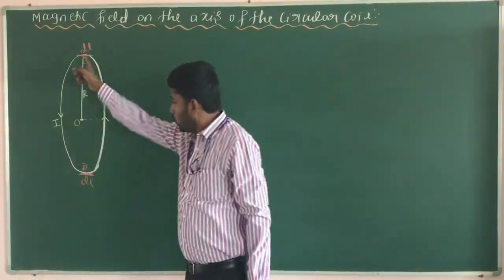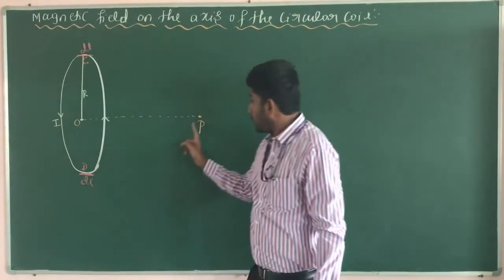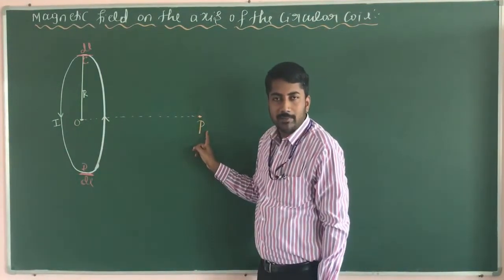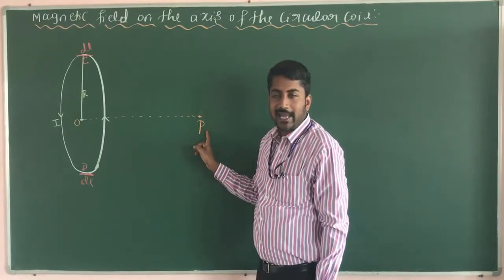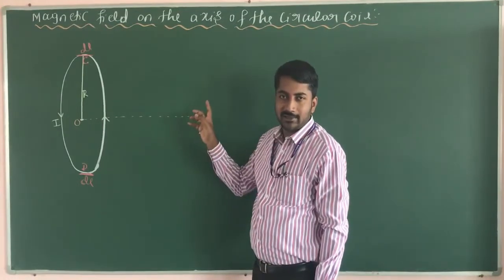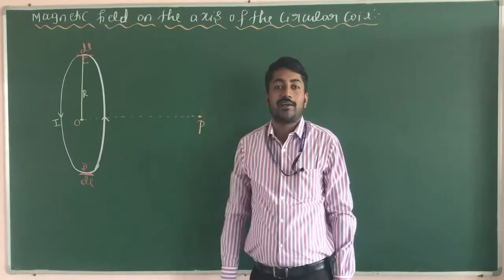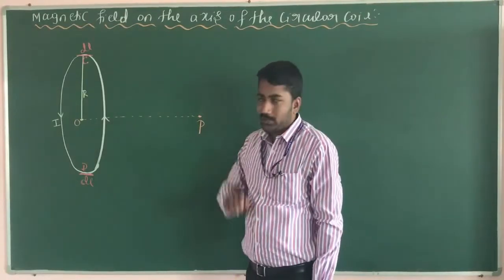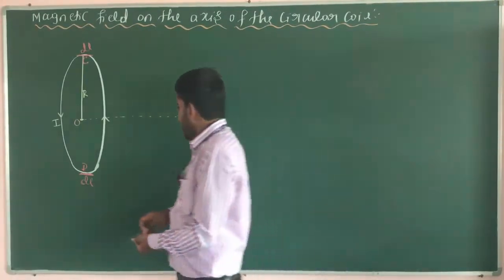Due to these two current elements, the magnetic field is produced at the point P. Initially I will calculate these two values, and after that we will calculate the total resultant magnetic field due to this circular coil.